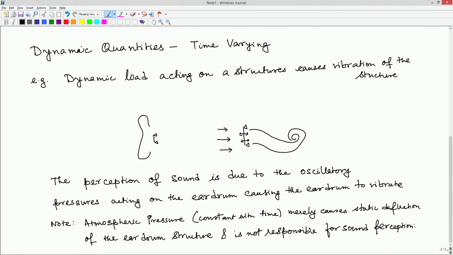So, this is the most important trigger as far as human perception of sound is concerned, and we will take it up from here. We will try to understand how these oscillating pressure forces are generated, taking birth or originating, and another very important aspect is how they are transmitted from the point of generation to your eardrums.